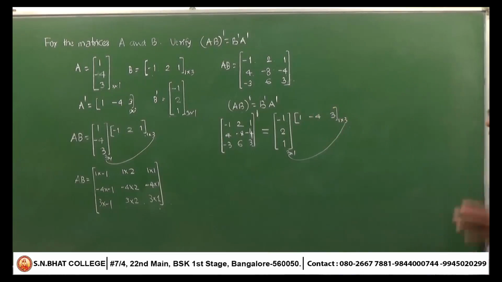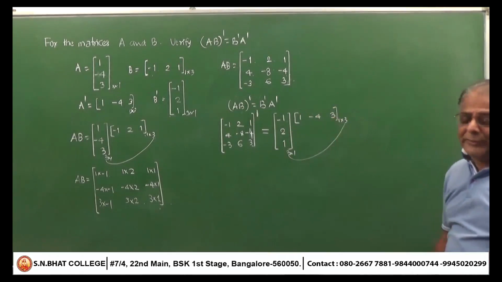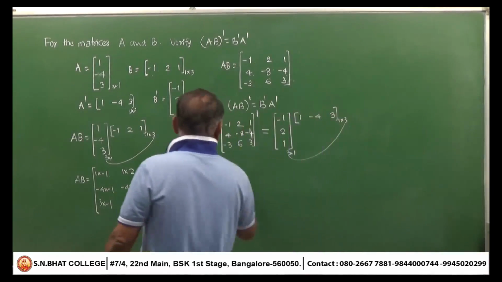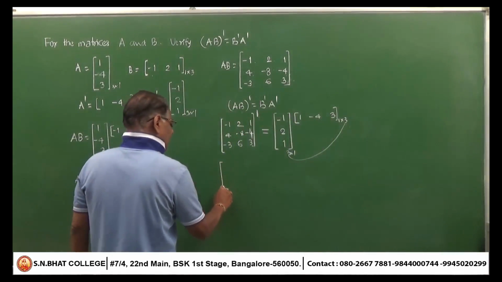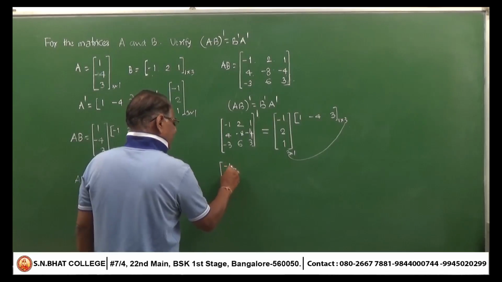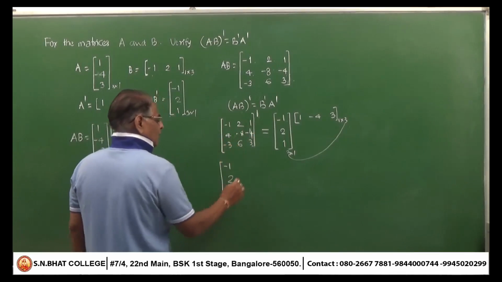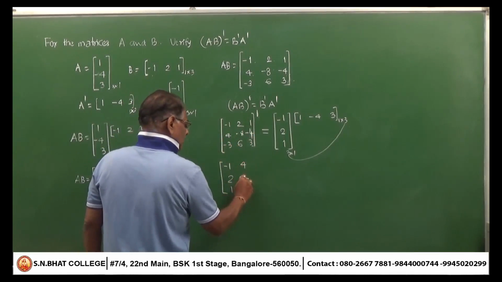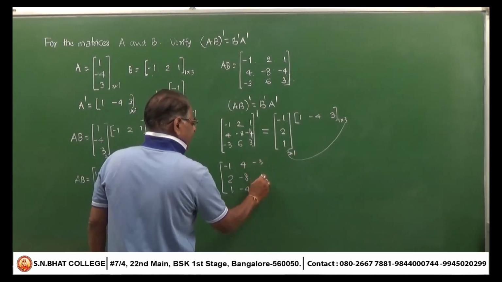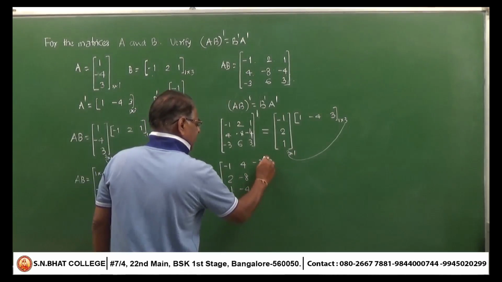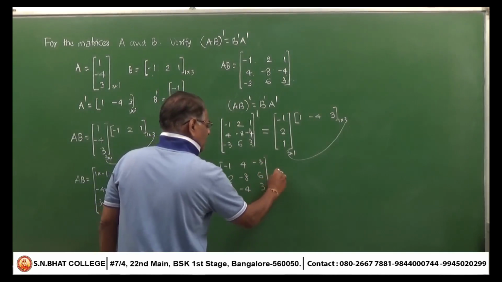Transpose means interchanging of rows and columns. Write rows as columns, columns as rows. Minus 1, 2, 1, write rows as column. 4, minus 8, minus 4. Minus 3, 6, 3, is equal to.